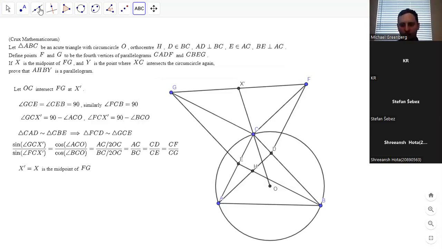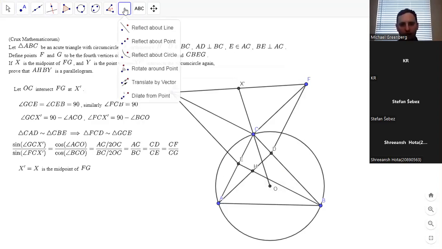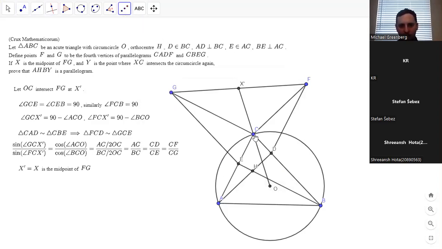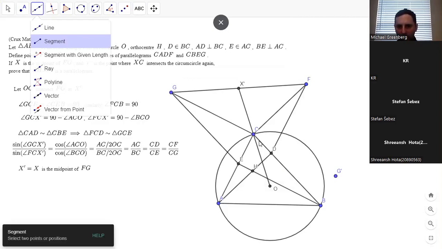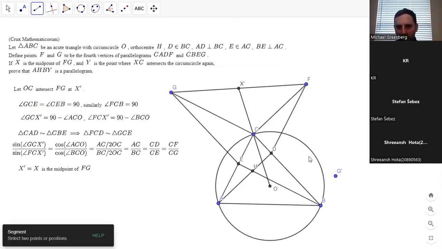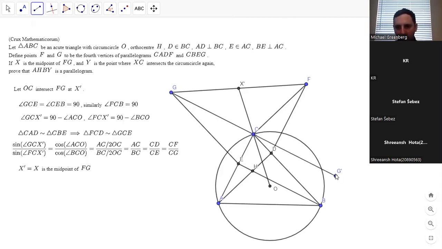What you can do is extend GC, reflect G over C. Okay. And we can see that triangle CFG dash is congruent to triangle CAB, the original triangle.